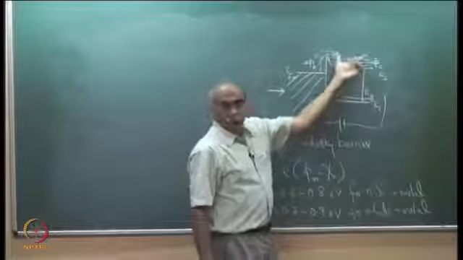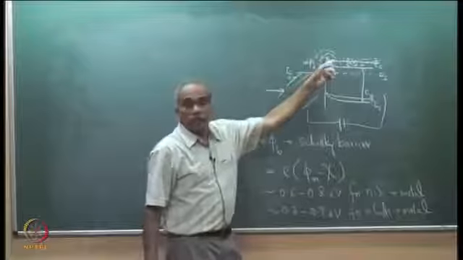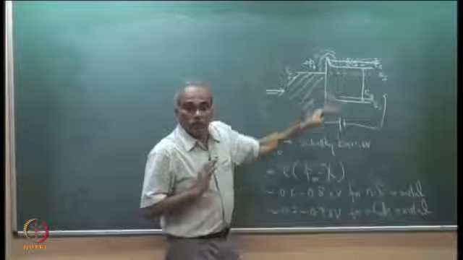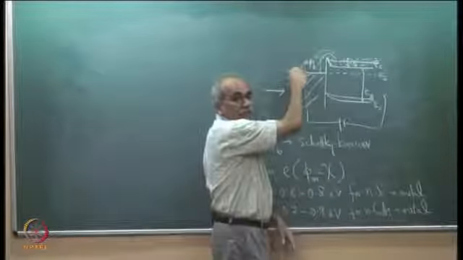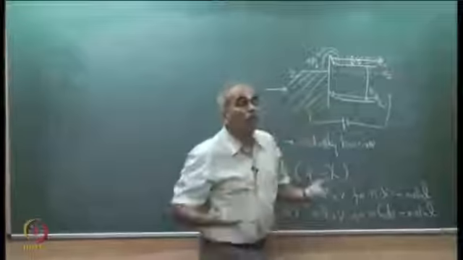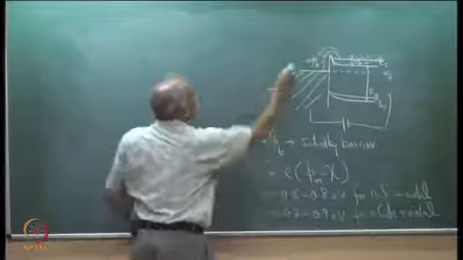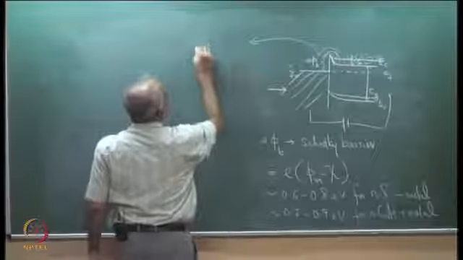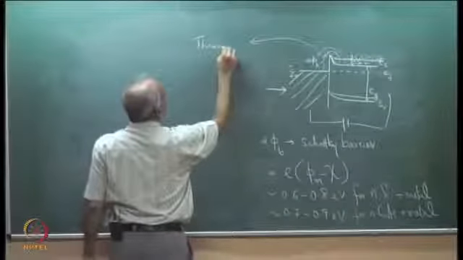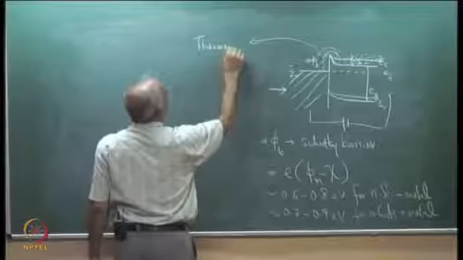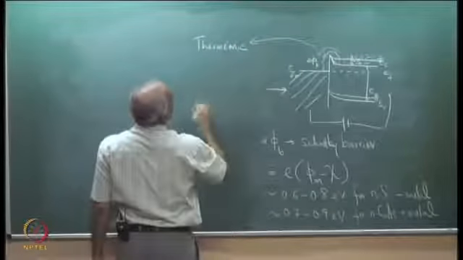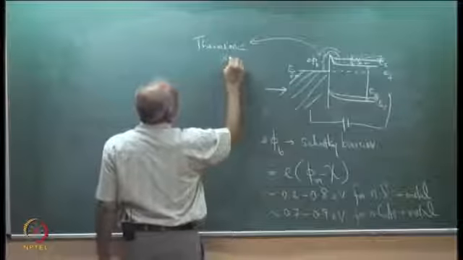So as you lift this, electrons go over a barrier. When electrons go over a barrier to another side, this process is called thermionic emission.